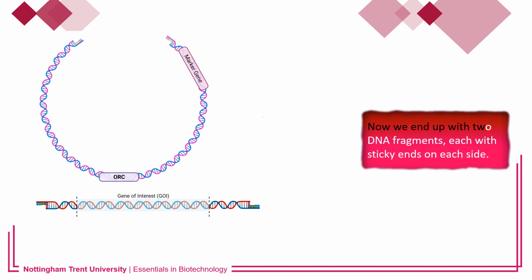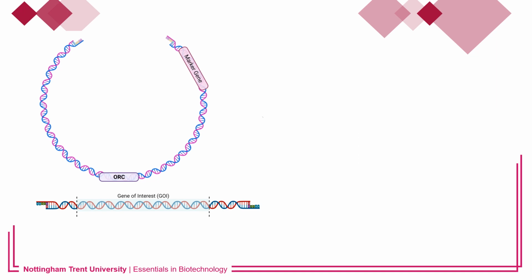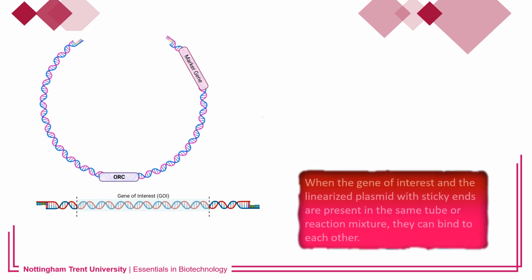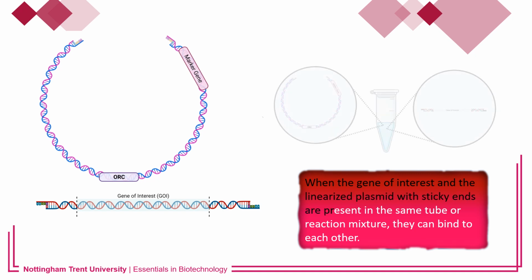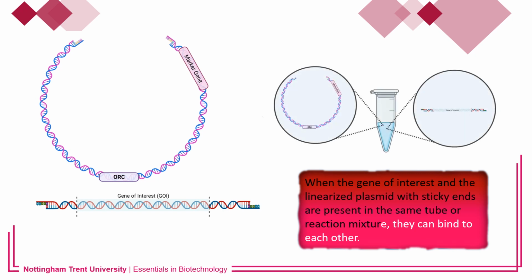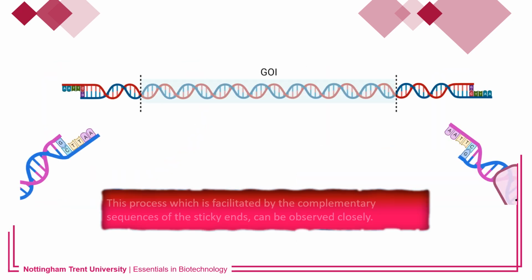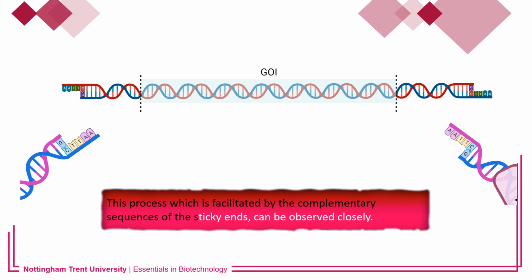Now we end up with two DNA fragments, each with sticky ends on each side. When the gene of interest and the linearized plasmid with sticky ends are present in the same tube or reaction mixture, they can bind to each other. This process, which is facilitated by the complementary sequences of the sticky ends, can be observed closely.